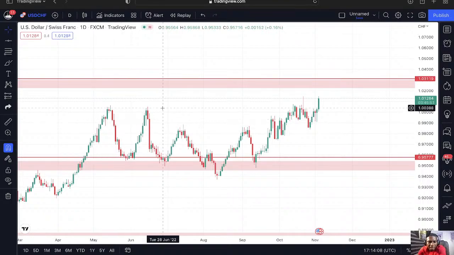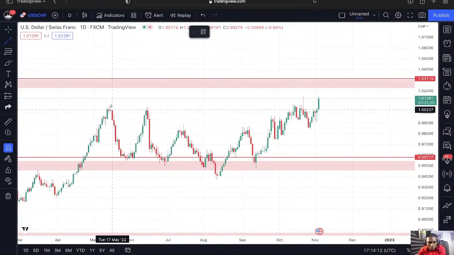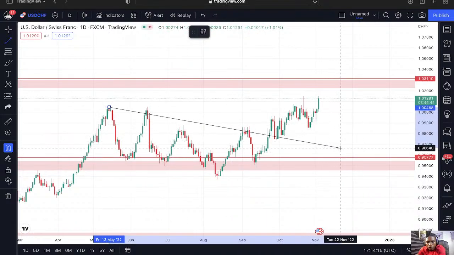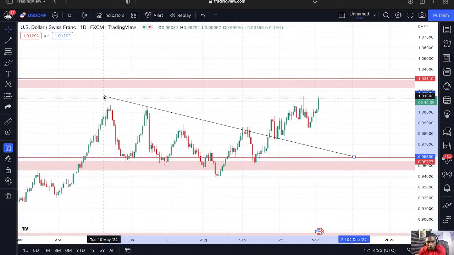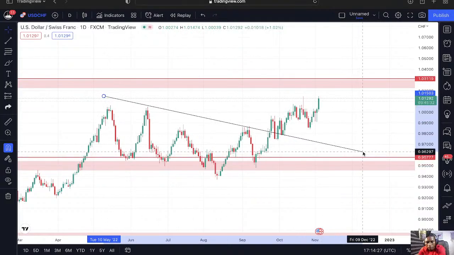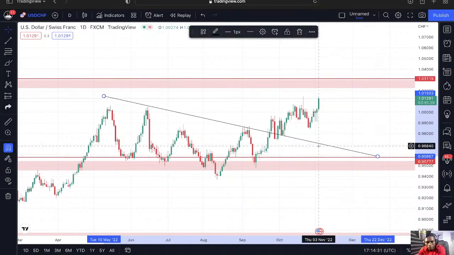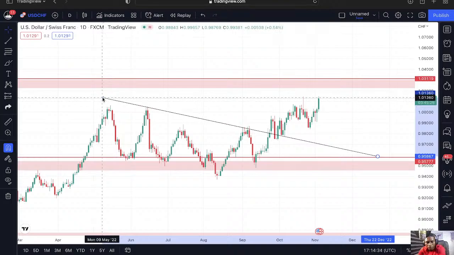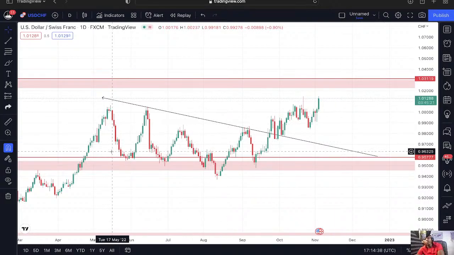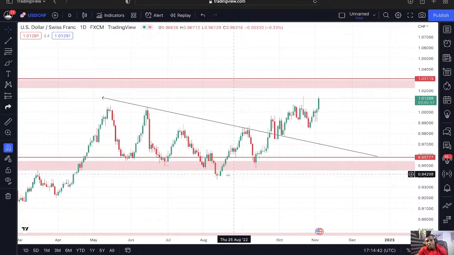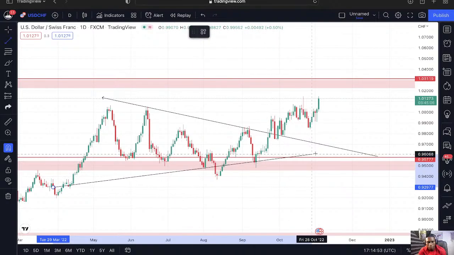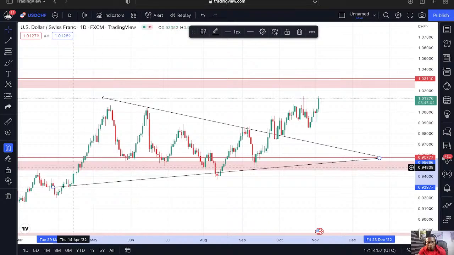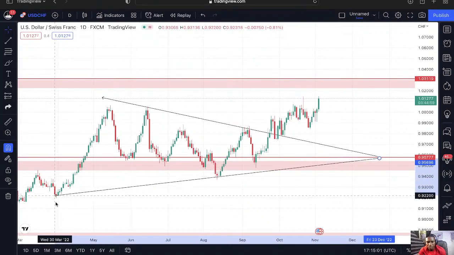Now, if you look at what is happening on the daily time frame here, you discover that we had a symmetric triangle here. From here you see a symmetric triangle.